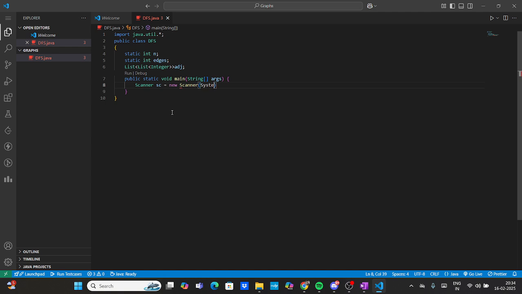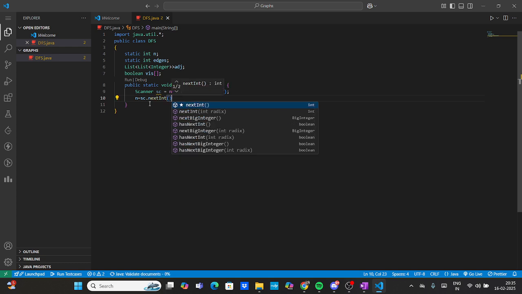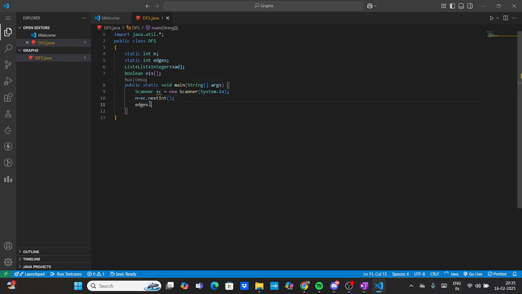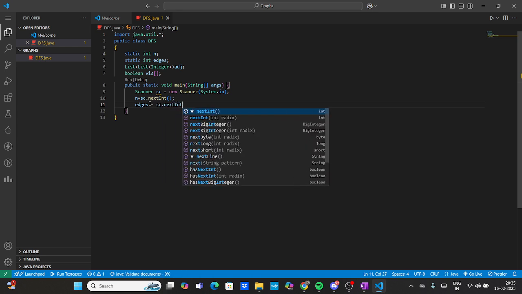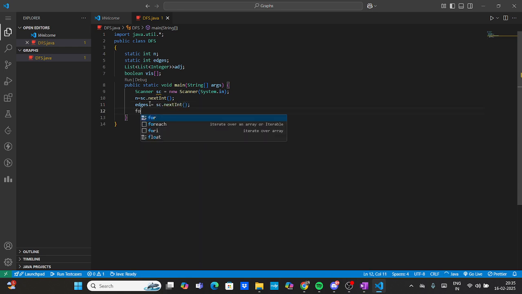Okay. Quickly, I'm just writing this. And we need one more piece of information, which is boolean visited, right? Yes. Now we will read the number of nodes in our graph. We will read the number of edges in our graph, and we will initialize our array list, that is the adjacency list.